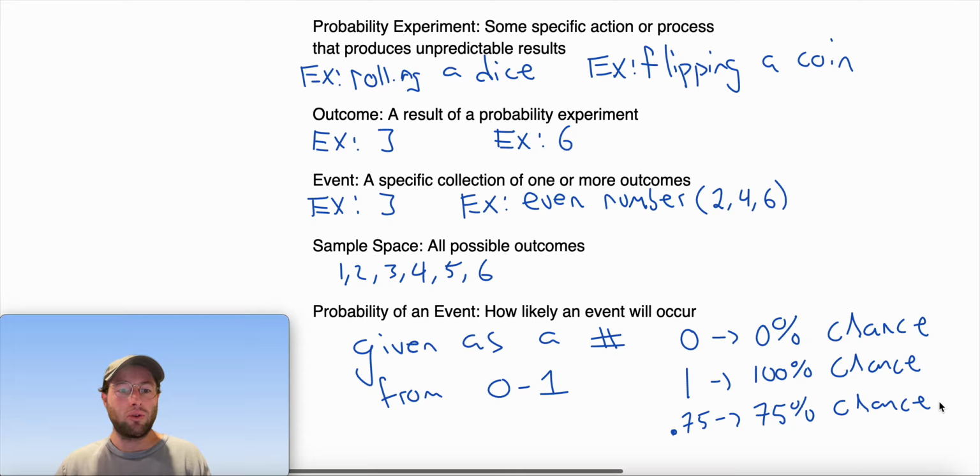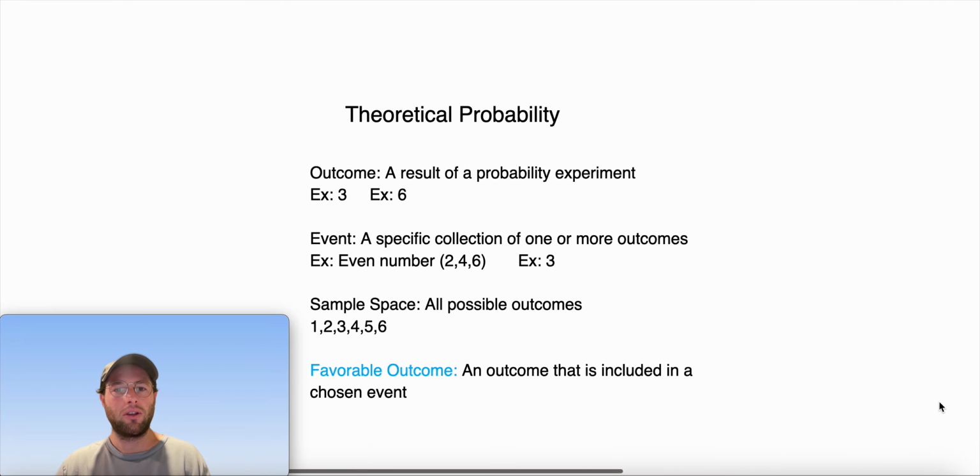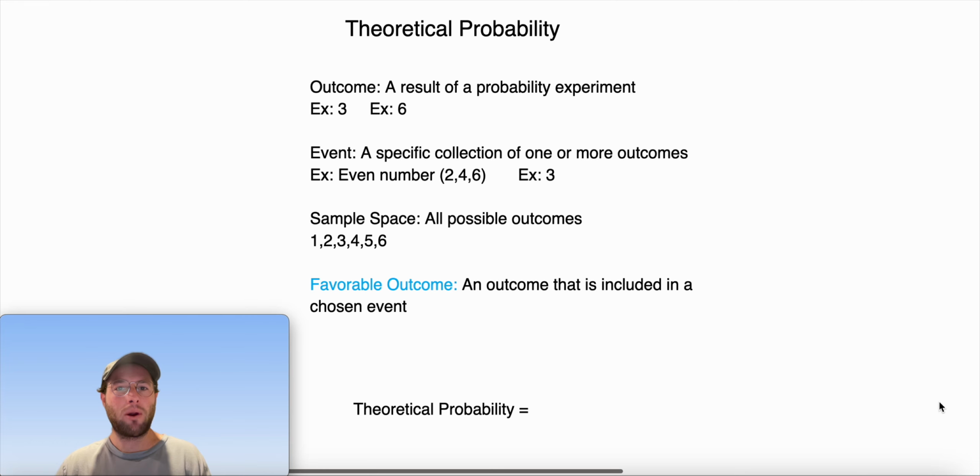Now let's look into a specific probability known as theoretical probability. Here we have some of the previous terms and definitions from above with the examples that I provided, and we also have a new term, favorable outcome. A favorable outcome is an outcome that is included in a chosen event.